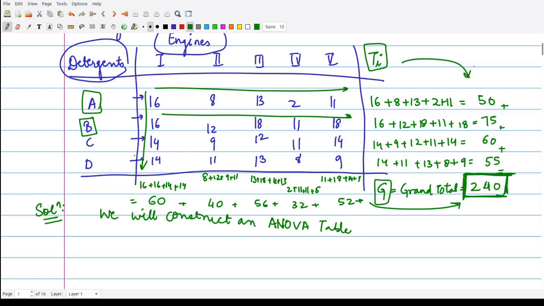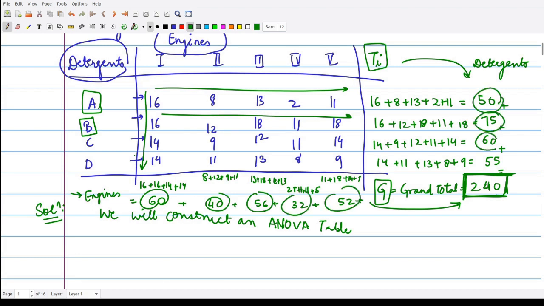These are for detergents, and these are for engines. This is for the first engine, this is for the second engine, for third, fourth and fifth. This is for A detergent, B detergent, C detergent and D detergent, and this is the grand total. Now we will use all these values. What are the numbers of elements?